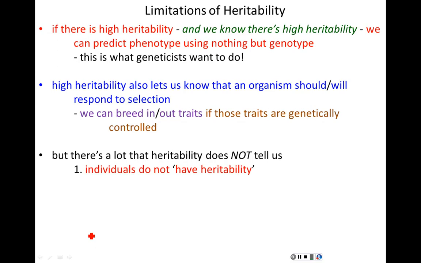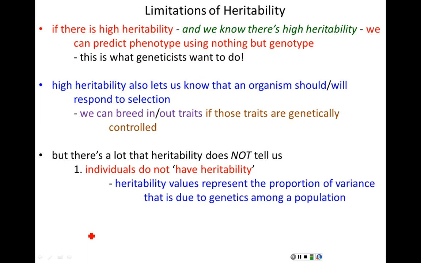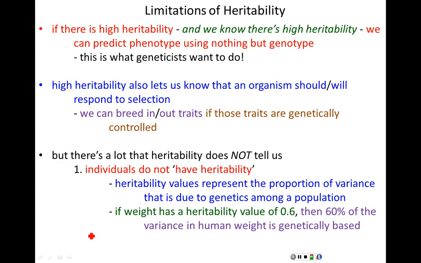First off, individuals do not have high heritability. Populations or species do. Heritability values represent the proportion of variance in a phenotype that's due to genetics in a population of individuals. I'll give you an example.